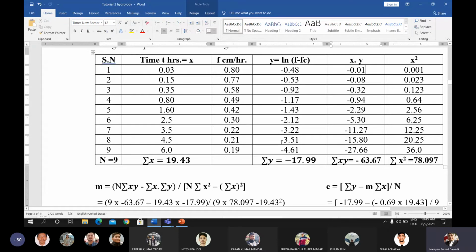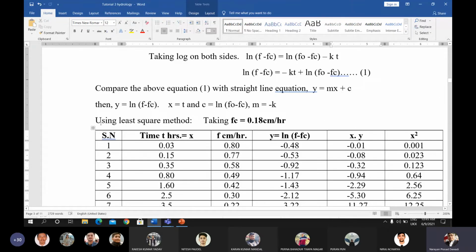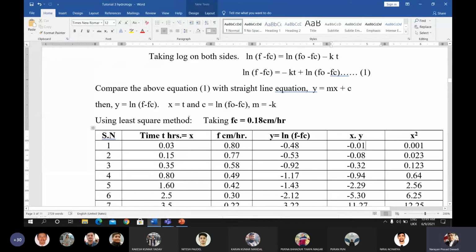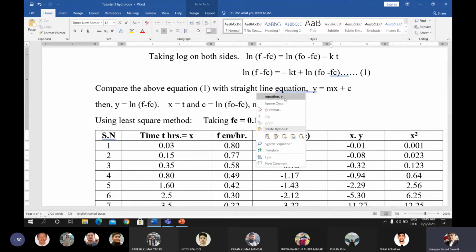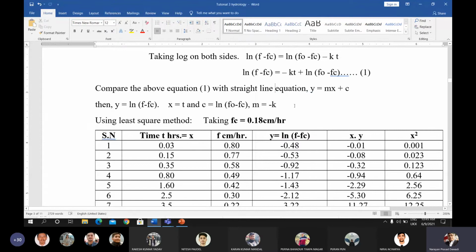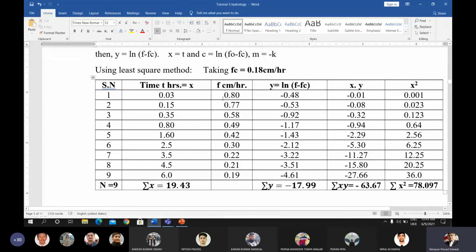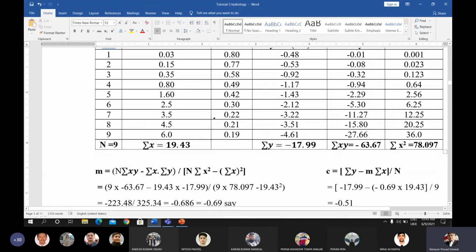I have already stated that I am going to solve this problem using the least square method, to find the Horton's equation for establishing the relation of this data. That's why I did up to this.